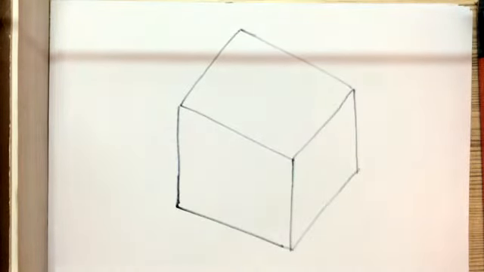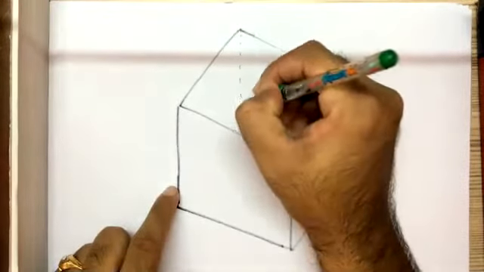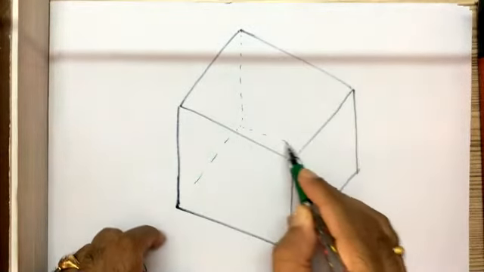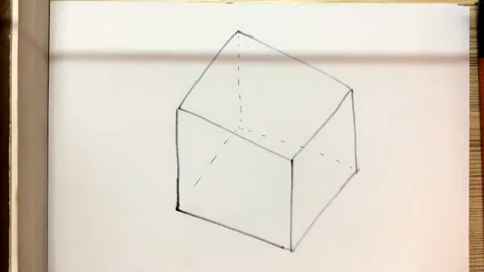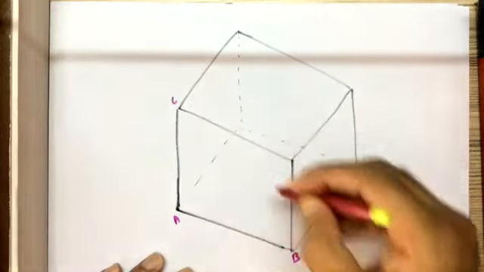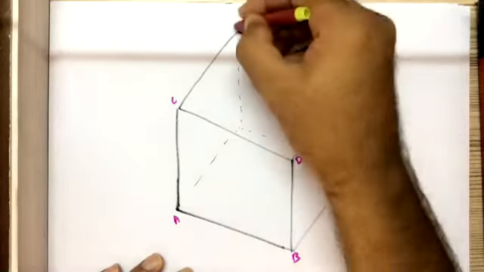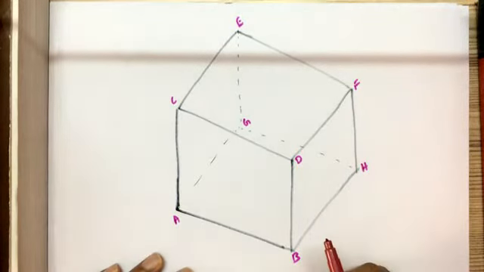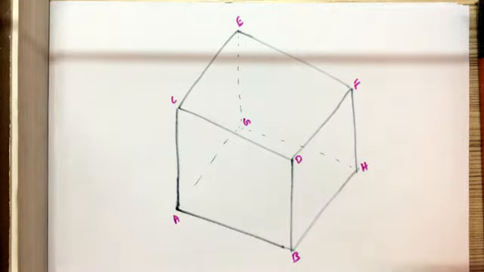Fine. So this is a three-dimensional cube, and let us name it firstly. Let us name all the vertices A, B, C, D, E, F, G, H. Now let me also fix the coordinate axis, which is very important.